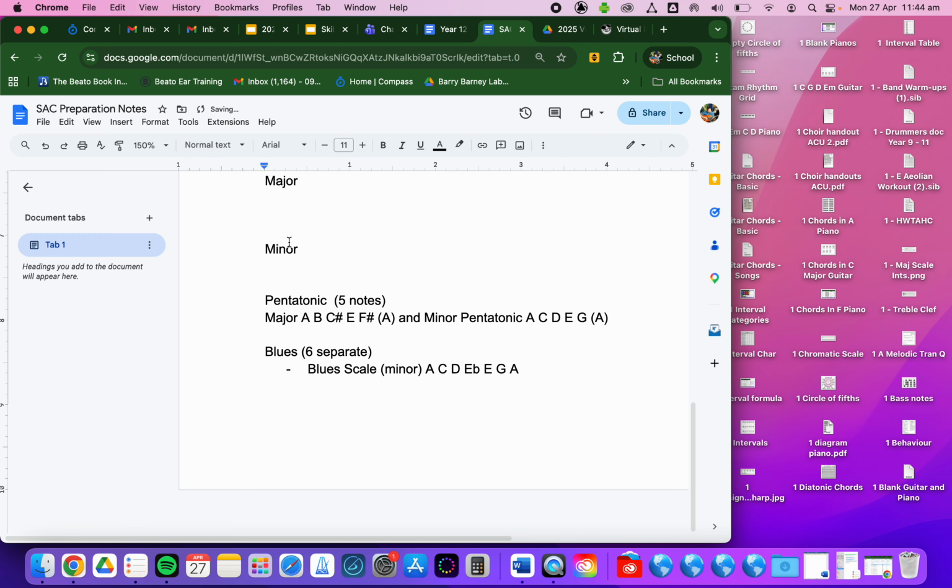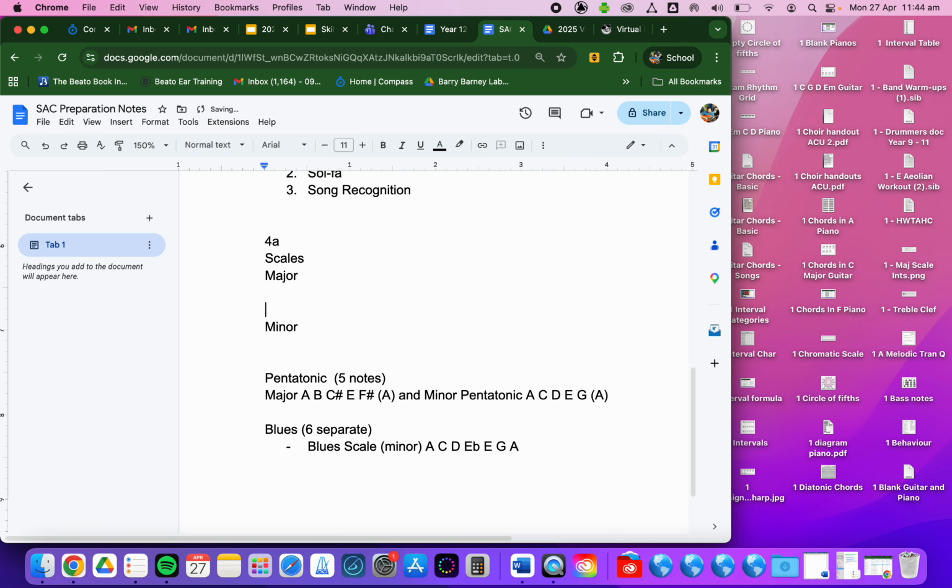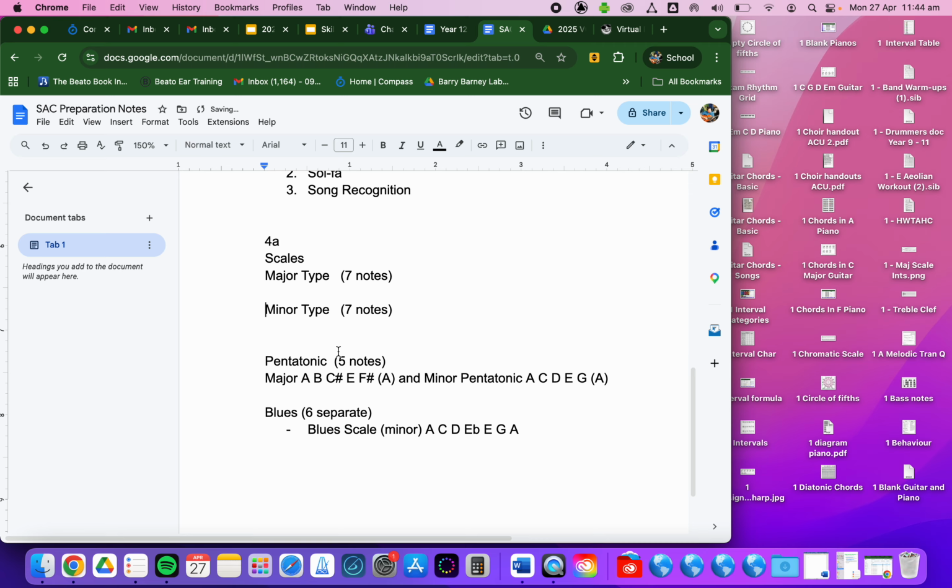Alright, so let's try and get the rest of them. So major type, minor type. These are all the 7-note scales, meaning they have 7 different notes, 7 separate notes.